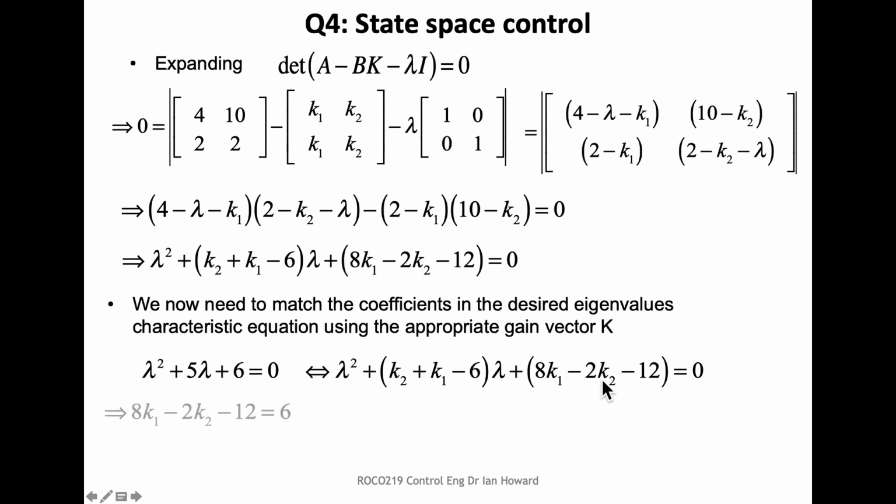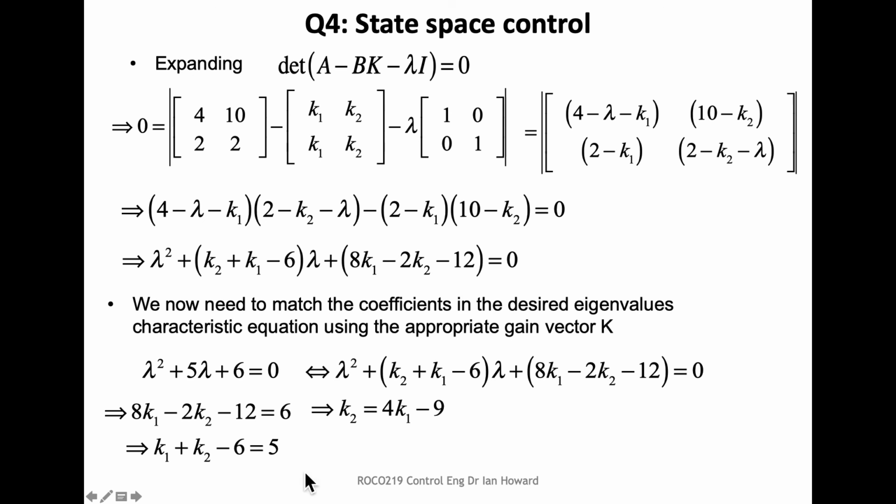So the 6 here has got to be equivalent to this term here, 8K1 minus 2K2 minus 12. And the second one is saying, look at this term here, 5 has got to be equivalent to K1 plus K2 minus 6. So we've got the two simultaneous equations.